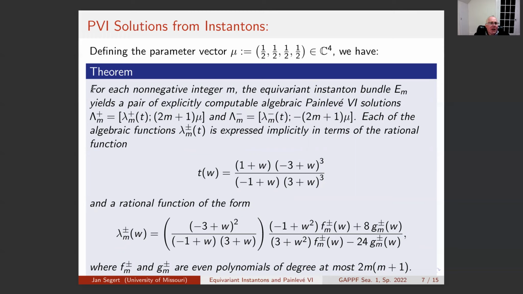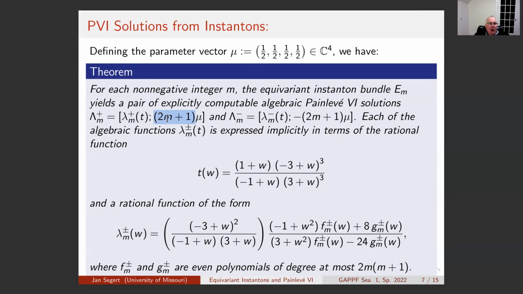And here's the theorem. For each non-negative integer m corresponding to each of the instanton bundles, the equivariant instanton bundle yields a pair of explicitly computable algebraic Painlevé solutions, which we'll call plus and minus with an m there. Each solution consists of a function and a set of 4 complex parameters, and these complex parameters are scalar multiples of 2m plus 1 times this vector, 1/2, 1/2, 1/2.